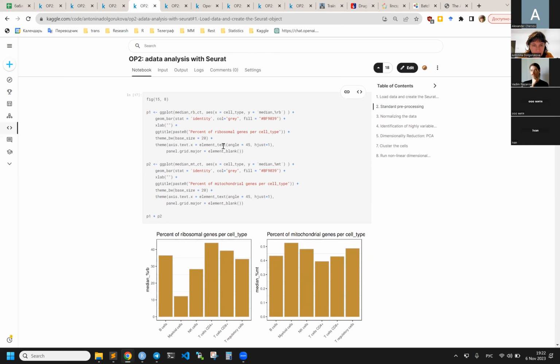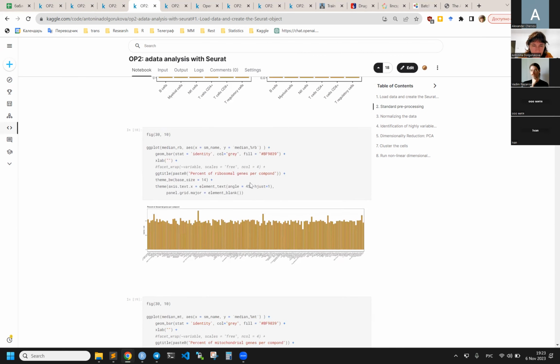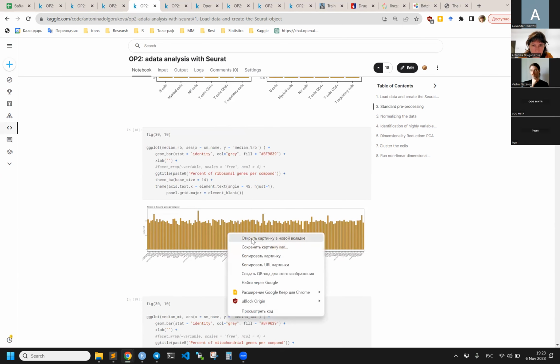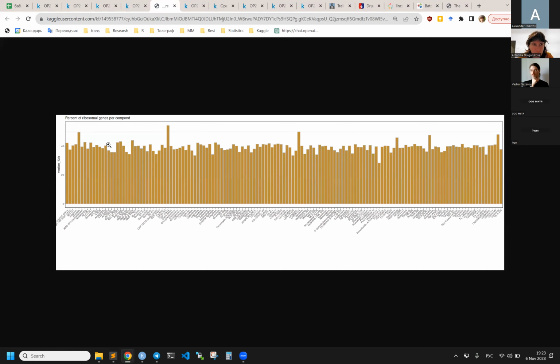So we can plot the percent of ribosomal genes per cell type and see what I already told. Myeloid cells have the lowest percent of ribosomal genes here, and almost equal mitochondrial genes. And these are our drugs. We can enlarge this picture. And we see a few quite different from others.